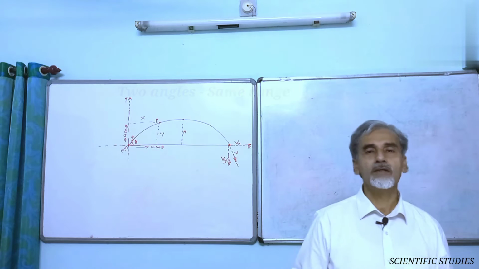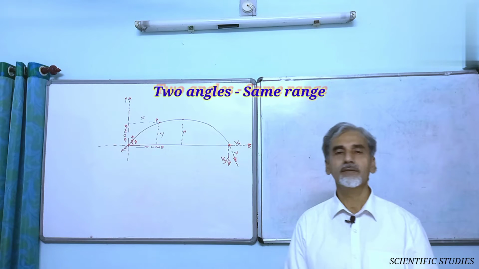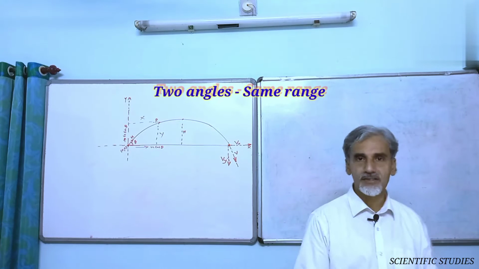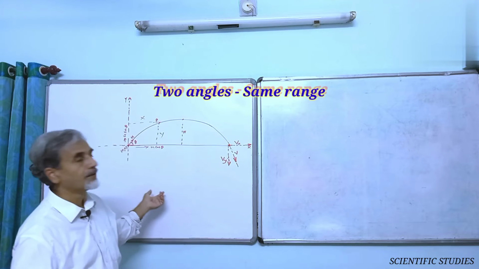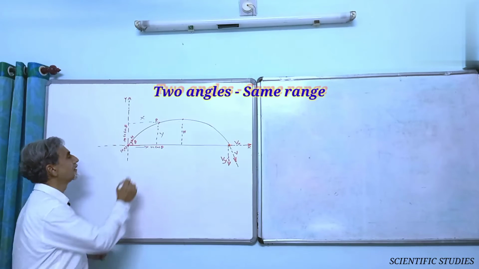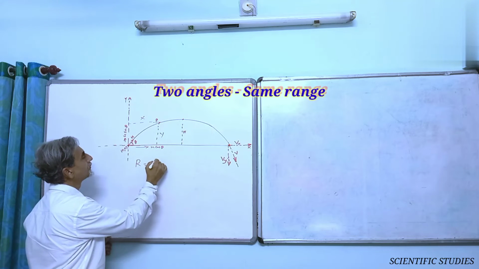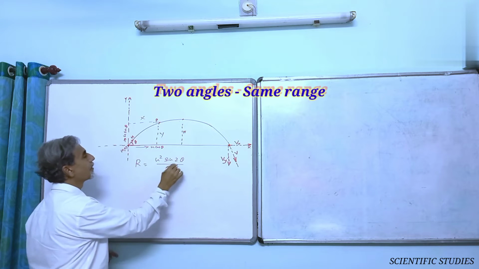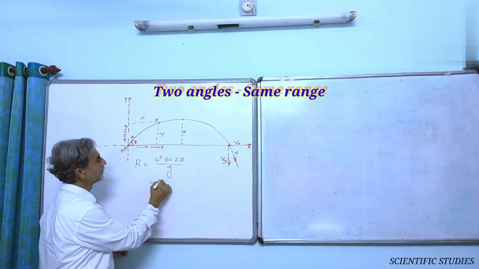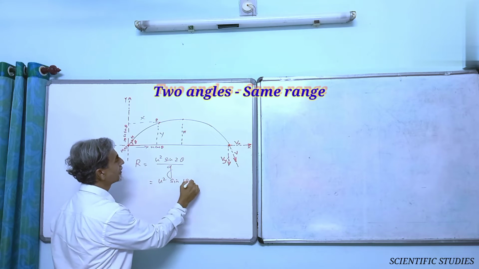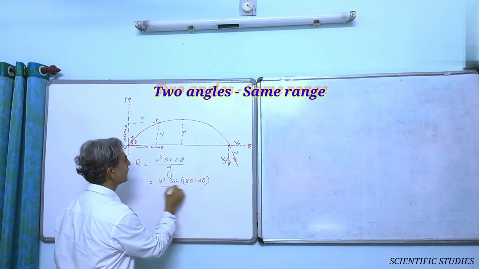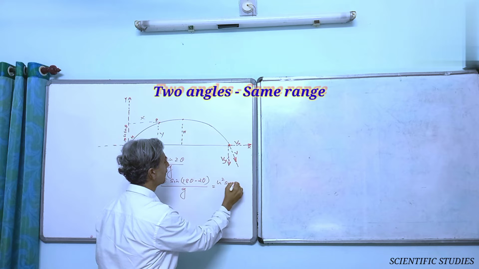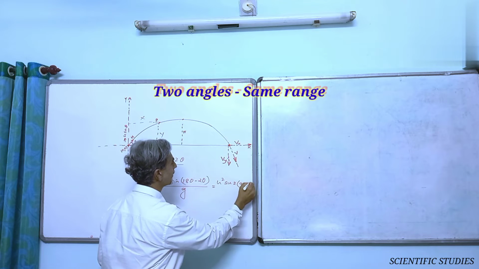The horizontal range is the horizontal distance attained by the body, and we will get the same horizontal range for two angles of projection. We know that the expression for horizontal range, that is R, is equal to u square sine 2 theta by g, which is again equal to u square sine of 180 minus 2 theta by g, which is again equal to u square sine 2 into 90 minus theta by g.